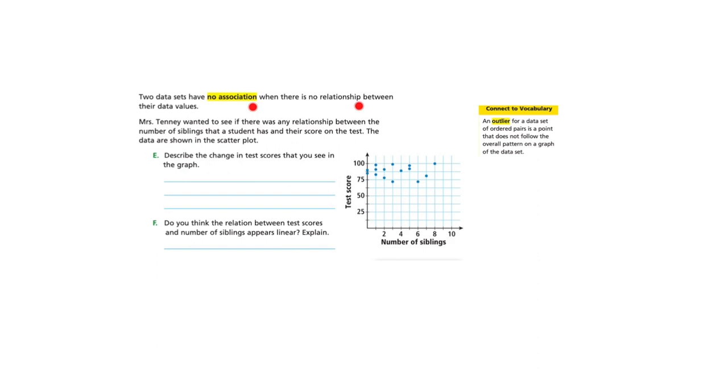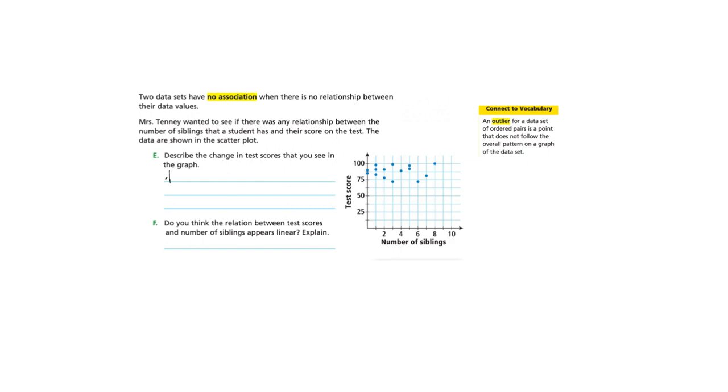So E, describe the change in test scores that you see in the graph. So this graph looks a little bit different. There's not really a consistency here in the graph. So that's probably what you would say. There's really no association. There's no consistent line or change.